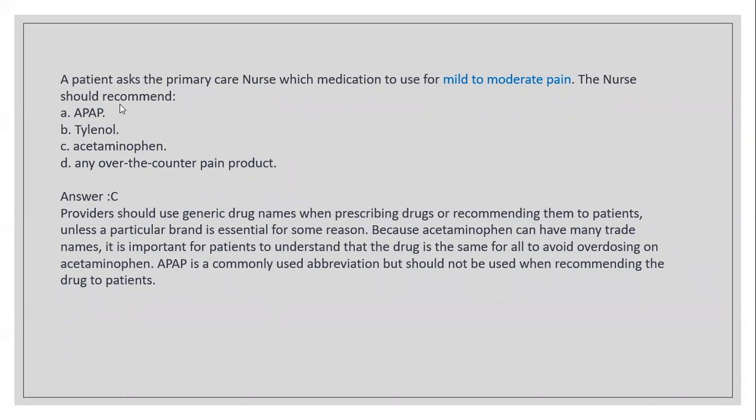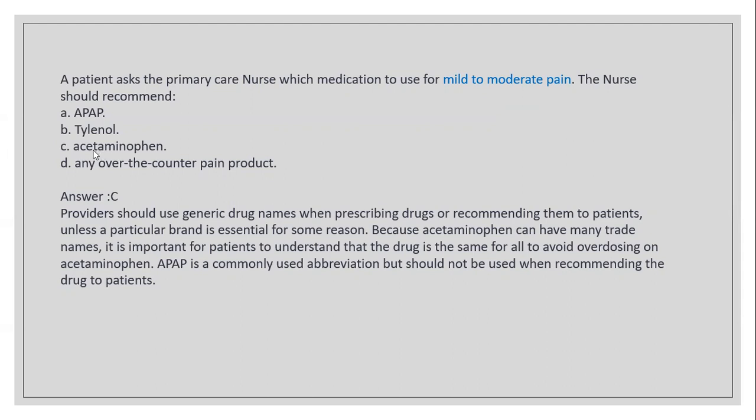The nurse should recommend: APAP or Tylenol, acetaminophen, or D, any over-the-counter pain product. So when a patient has mild to moderate pain, we give them acetaminophen, number C.